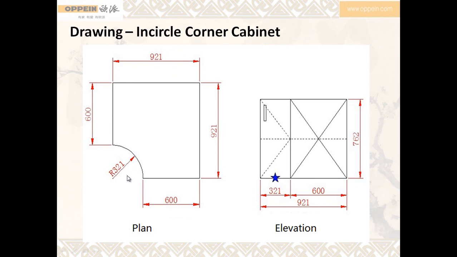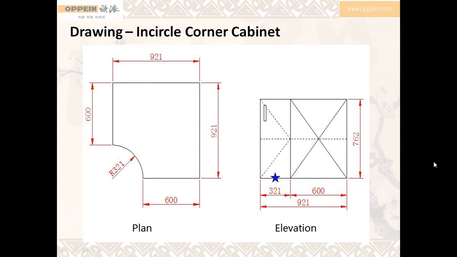The radius of circle is 321 millimeters. It's a quarter circle. So 921 millimeters minus 321 millimeters, and we can get 600 millimeters, the value of width and depth near the circle.